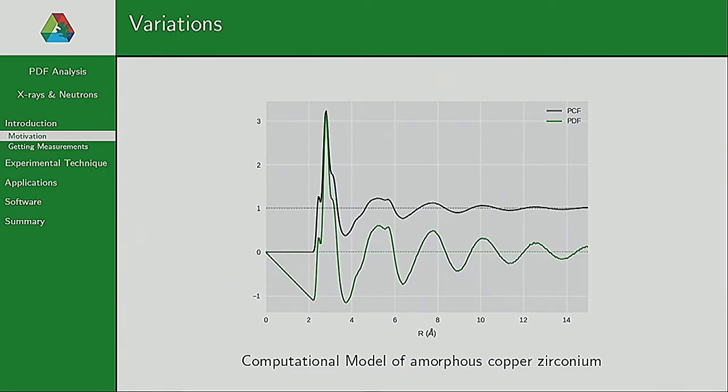And based on how these nearest neighbor peaks oscillate, once this terminates to 0 in the case of a nanoparticle, we can actually get information about the finite size. And with pair distribution functions specifically, by scaling with distance, we can accentuate some of the long-range order that may exist.